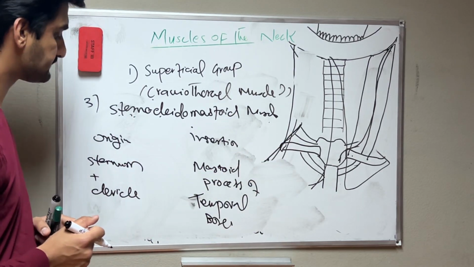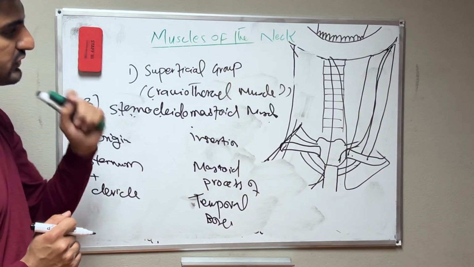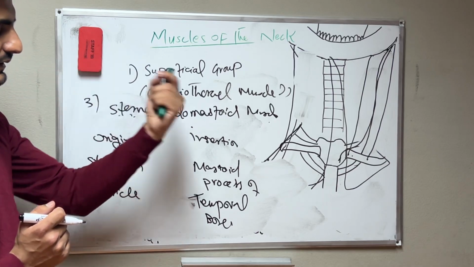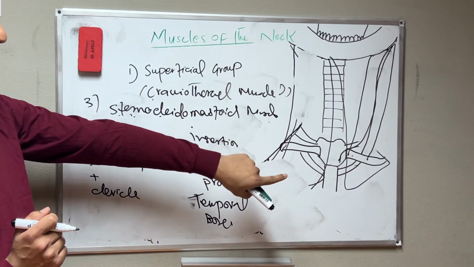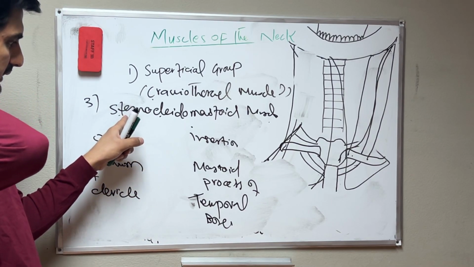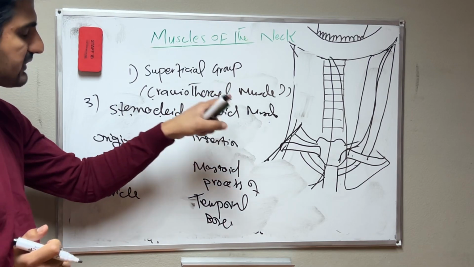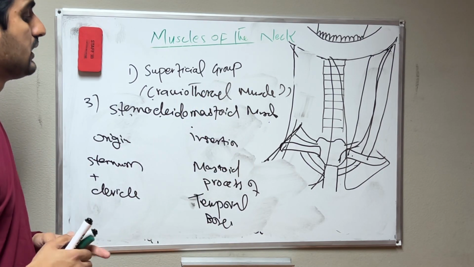Then we have the sternocleidomastoid muscle, with anterior and posterior parts: one in front, anterior, and one in the back, posterior. Its origination is the sternum, cleido means from the clavicle, and mastoid means the mastoid process of the temporal bone.